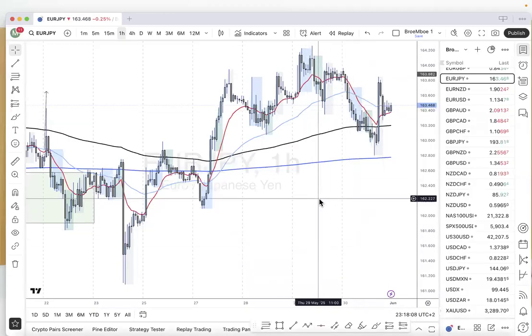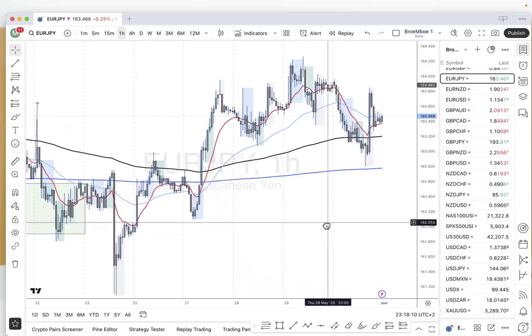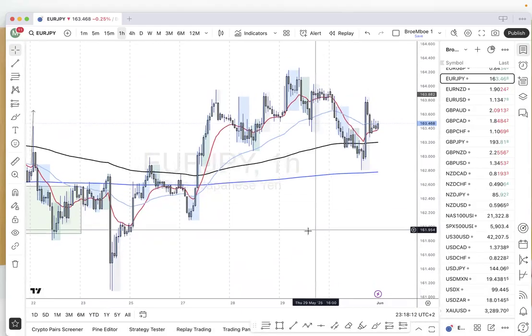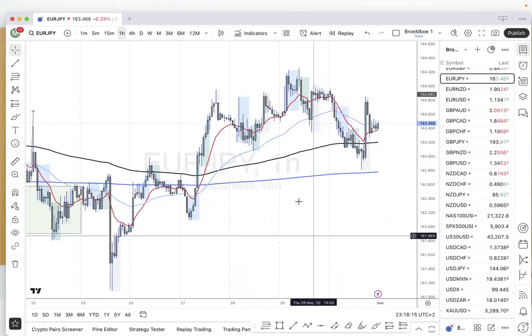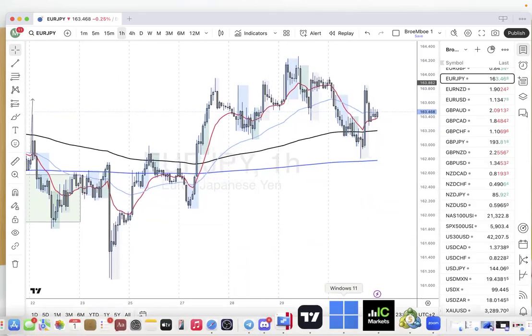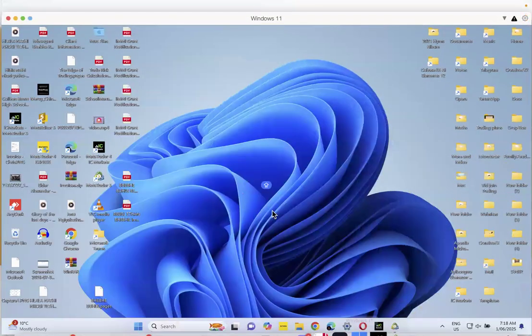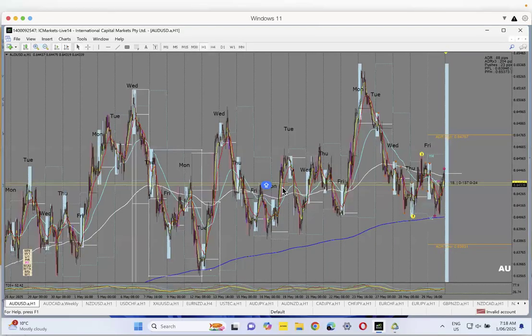So the major reason why I love to use TradingView over our template is simple. When you look at our template, it's okay, it's good, but I feel like it's a little bit overcrowded.